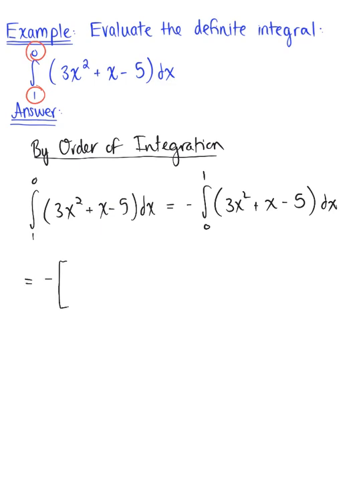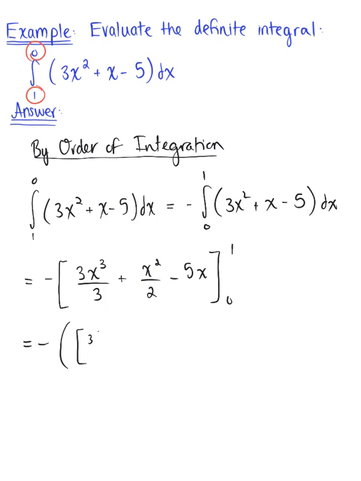So I'm keeping that negative on the outside, so this becomes 3x cubed divided by 3 plus x squared over 2 minus 5x. And we're evaluating from 0 to 1. So we have minus, and we're evaluating at the upper bound first.